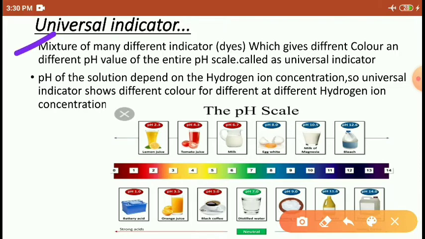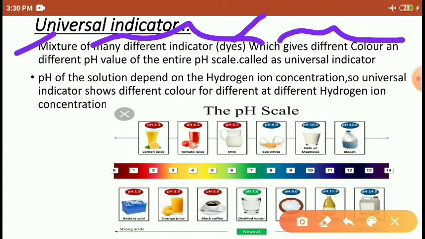Definition, students: a mixture of many different indicators or dyes which gives different colors with different pH values, over the entire pH scale, is called a universal indicator. It is made from many indicators.